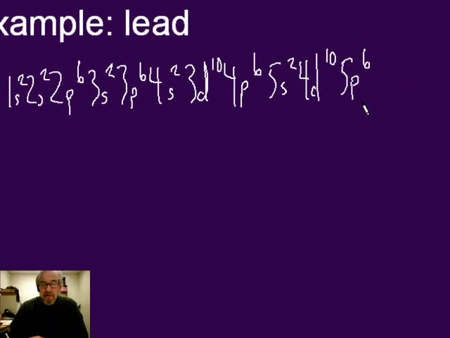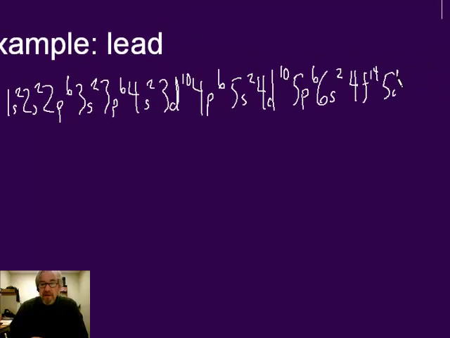Lead was in the sixth row. So we start the sixth row with 6s2, then we had to go to 4f14, then 5d10, and then finally back up to 6p, and lead was the second element in the 6p block.